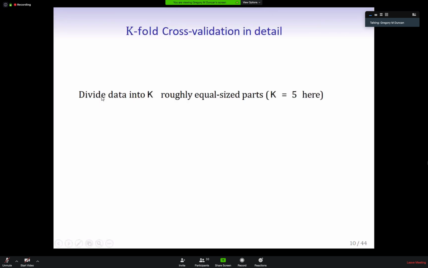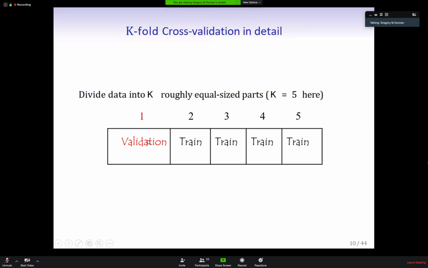Okay, so divide the data into K roughly equal parts. So we have a validation part, a train, a train, a train, and a train. These are all roughly the same size. We hold one set out and we train on all the other pieces.